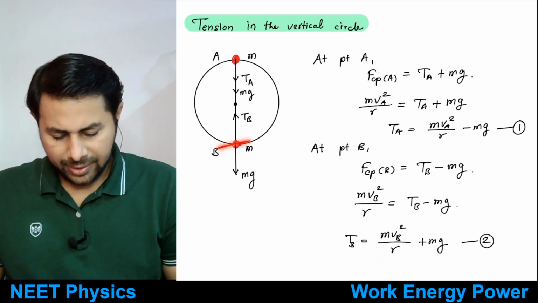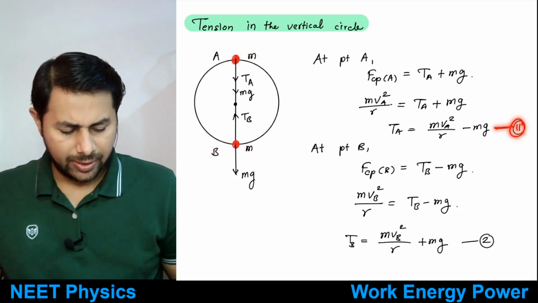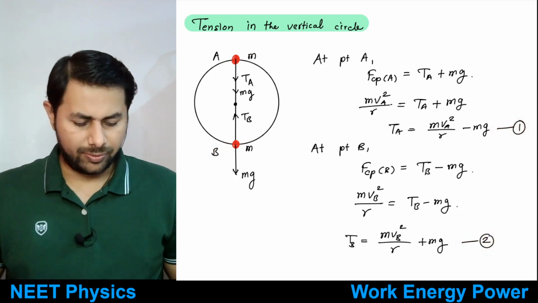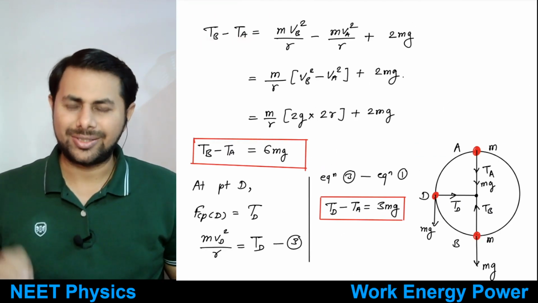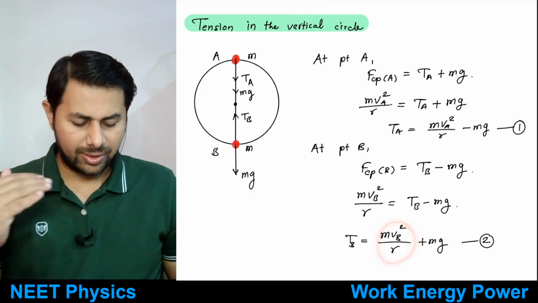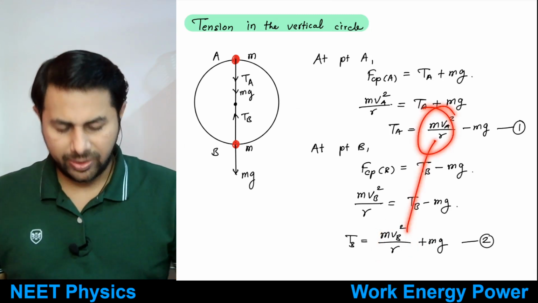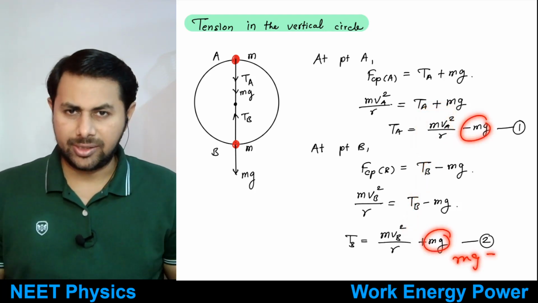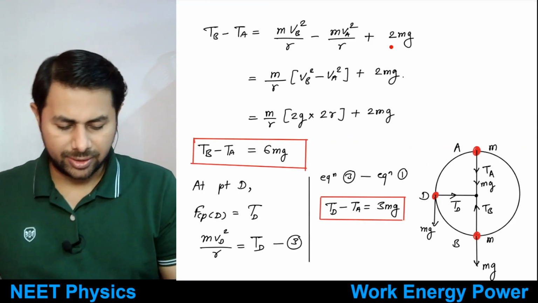Then I want the difference in tension at A and B. So this is my equation 1, this is equation 2. I will subtract equation 1 from equation 2, okay? So TB minus TA, tension at B minus tension at A, is equal to, on the right hand side, m Vb square by r minus m Va square by r, and then I have mg plus mg, so that is 2 mg.